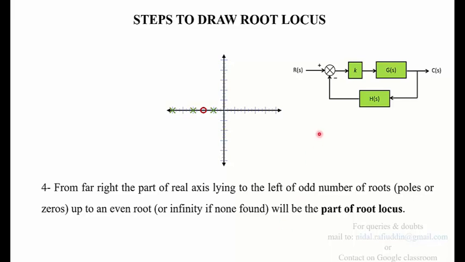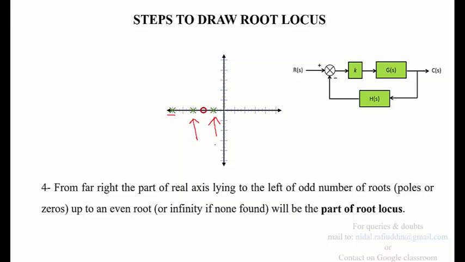So this rule says that if you start from the far right, you will have to identify the odd number of roots. For example, in this particular case, you have this as the first root, which is a pole, and this as the third root. Then the zero occurs at second position, and this pole occurs at fourth position.